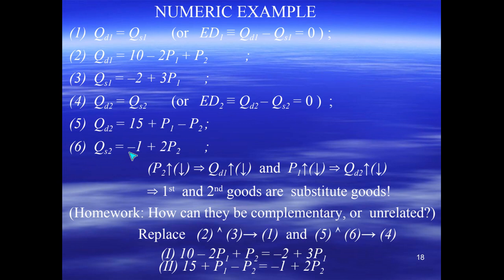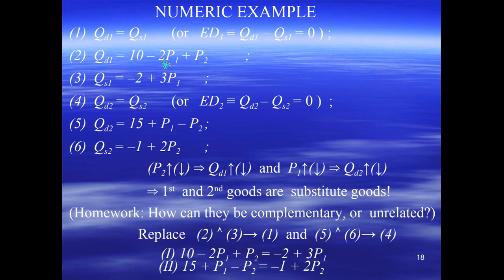And QS2 equals minus 1 plus 2P2 plus 0 P1, which means the vendor, the supplier of the second good as well, does not take into account the price of the first good. So for the supply, these goods are unrelated, but for the demands, they are related.